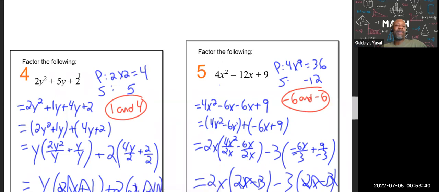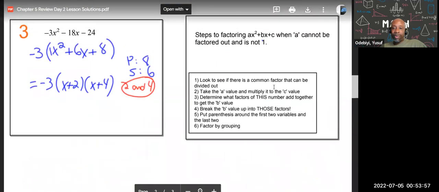And then I'm going to have a number equal to 4. So my product is 4 and my sum is 5. So I need two numbers that multiply to 4 and two numbers that add up to 5. Okay, so that's the first step. That's what we did there.